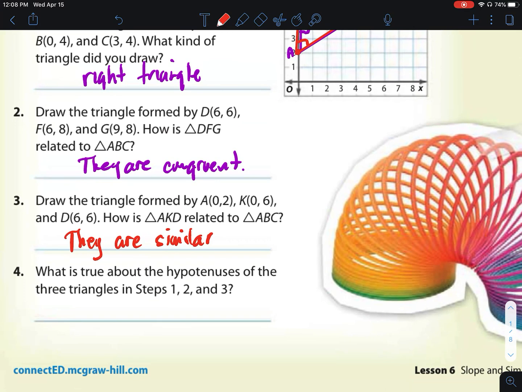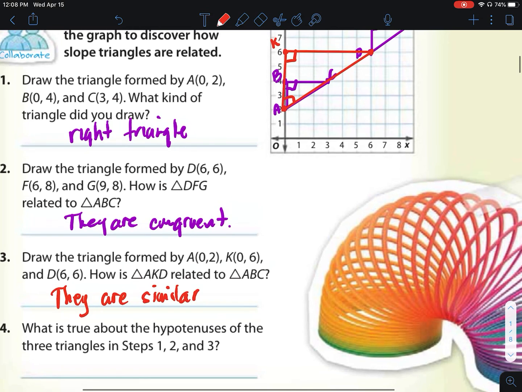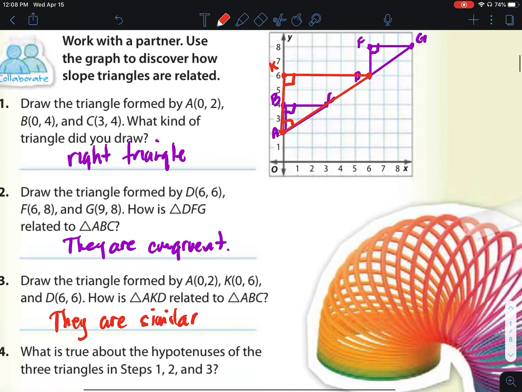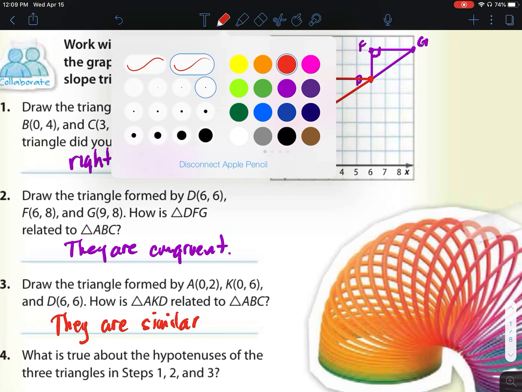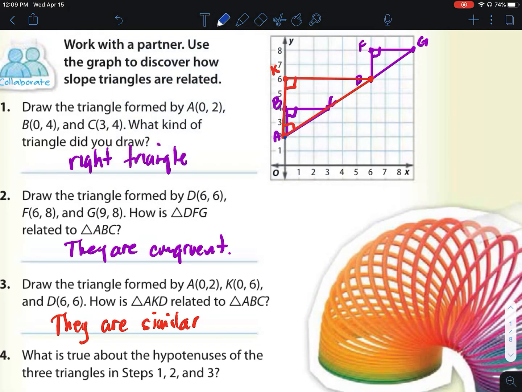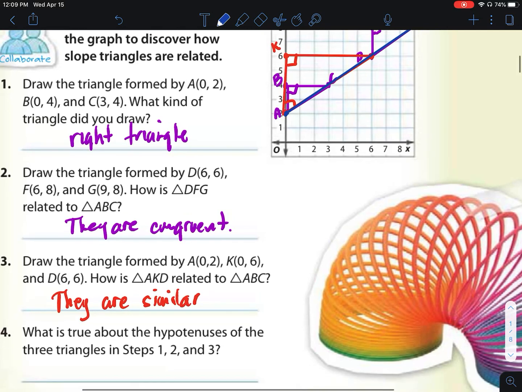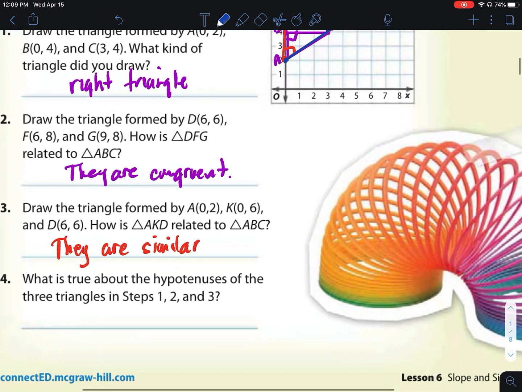What is true about the hypotenuses of the three triangles, steps 1, 2, and 3? If you notice, the hypotenuse is the longest side of a triangle. So these are all the hypotenuses. What do you notice about all the three hypotenuses?